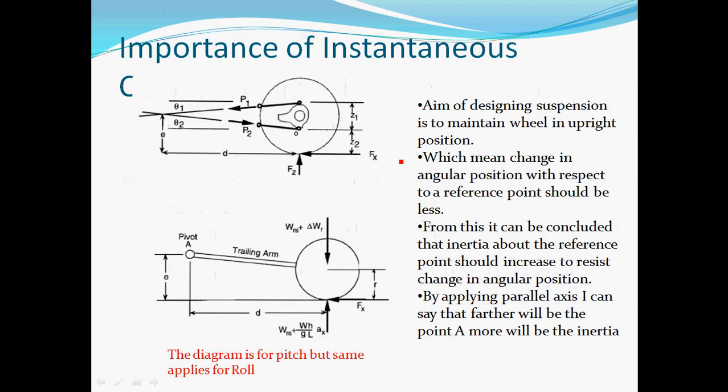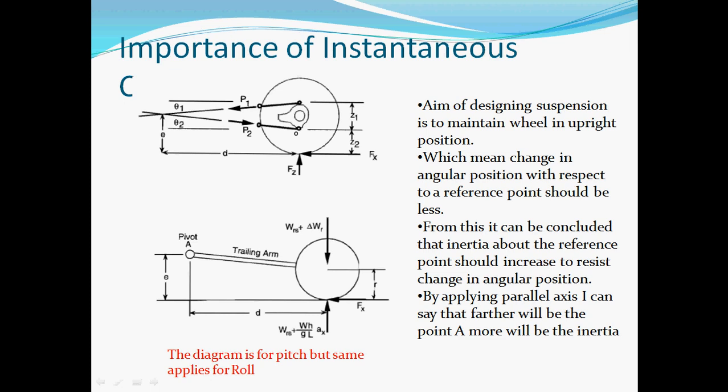Now what is the importance of an instantaneous center? For that we need to understand why we design suspension. We design suspensions to maintain the wheel in an upright position in almost all possible time. It's not possible to maintain it every time, but our aim is that. So in other words, the change in the angular position with respect to a reference point should be as minimum as possible.